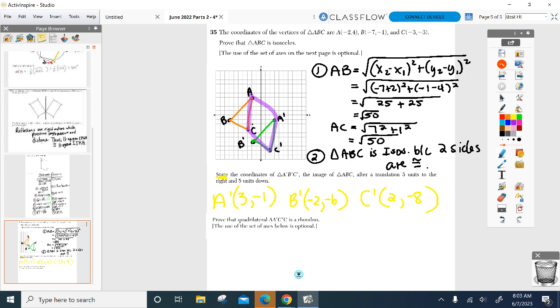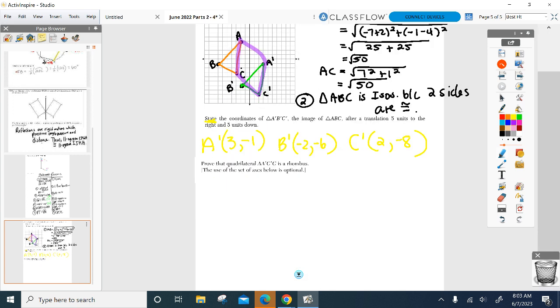I'm just asking because there's multiple ways we can make this into a rhombus. I have it the easiest way, I would think, for us: show all sides congruent. Yeah, show all sides congruent. Makes it a rhombus. You already found one side, so you don't need to do that over. Everyone, right? We found side AC already.